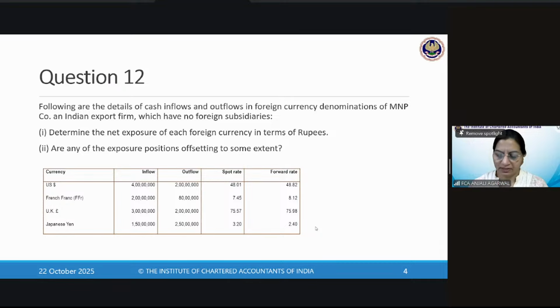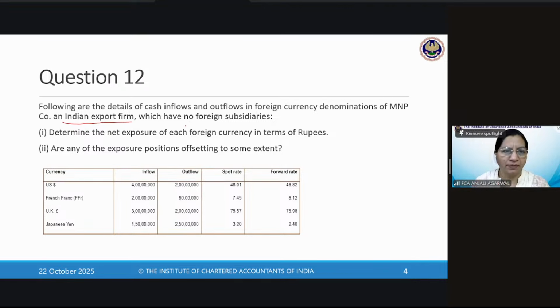So the next question here is to find out how much is the exposure, and we can also see whether there are any exposure positions which are offsetting to some extent. This is a very simple question. The question is, following are the details of cash inflows and outflows in foreign currency denominations of a company which is an Indian export firm.